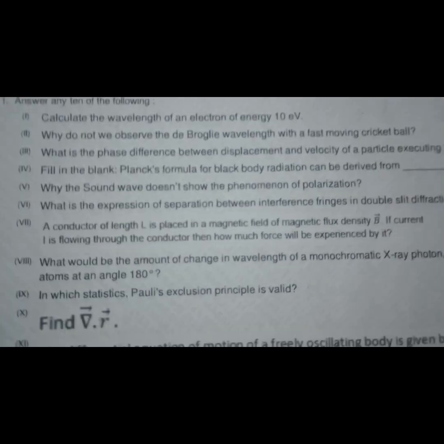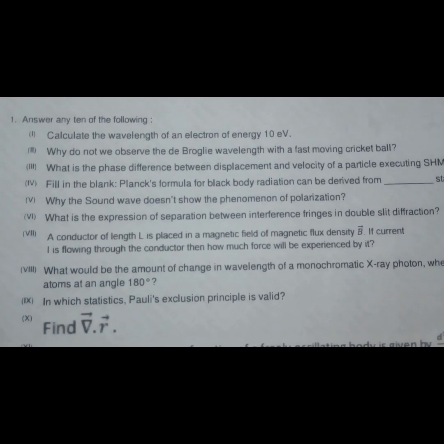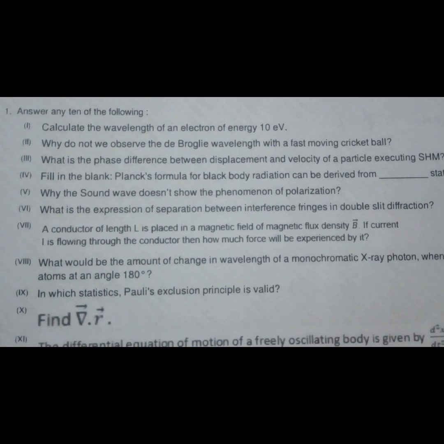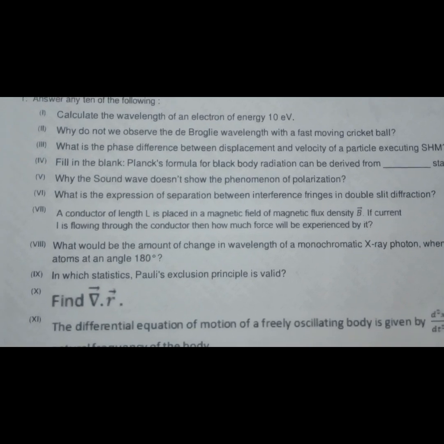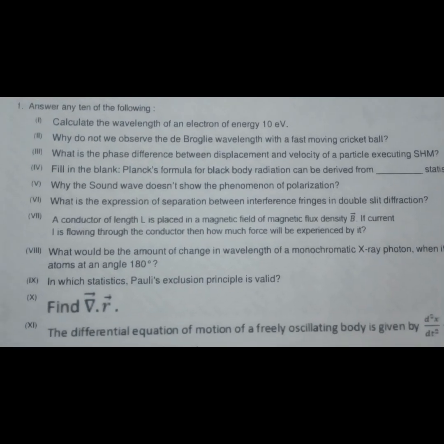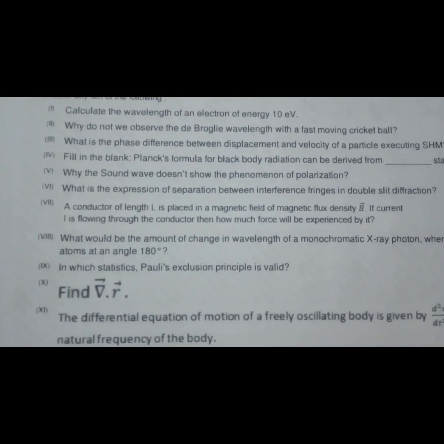Number 7. A conductor of length L is placed in a magnetic field of magnetic flux density B vector. If current I is flowing through the conductor, then how much force will be experienced by it? Number 8.